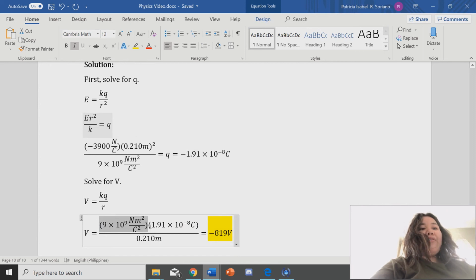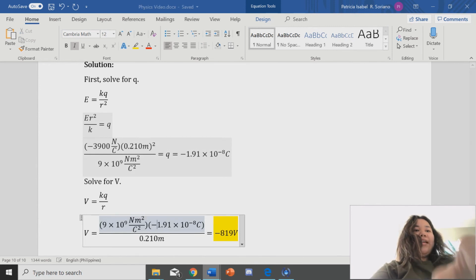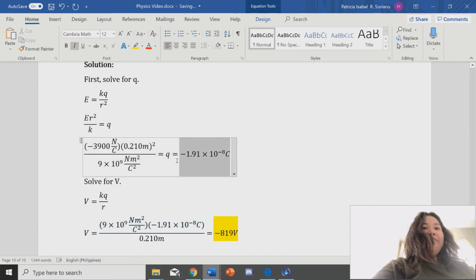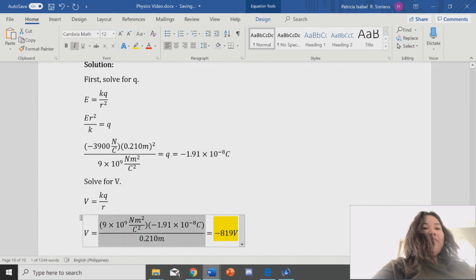And this is our Q from the earlier part of our solution, with the negative sign from there. And this is our radius from the given over here. And we can plug that into our calculator in order to obtain an answer of negative 819 volts.